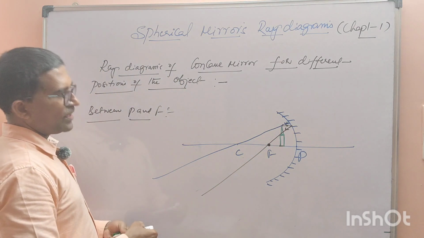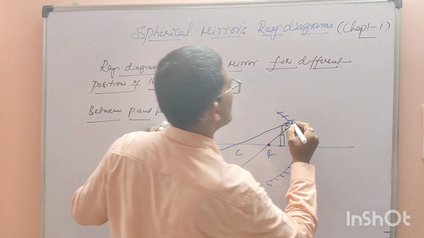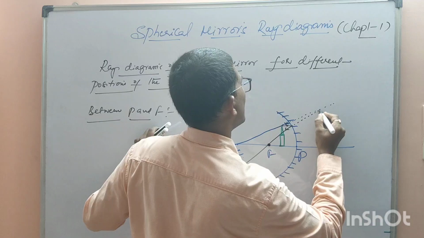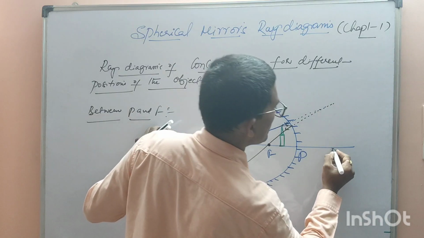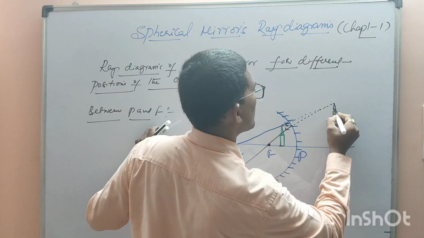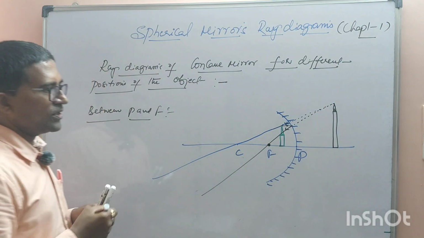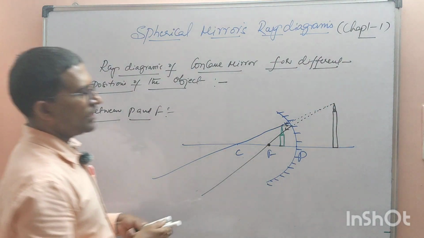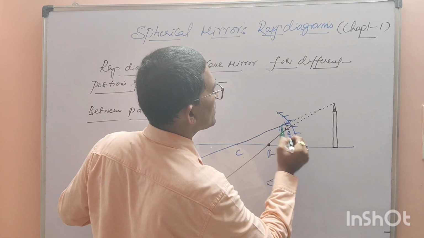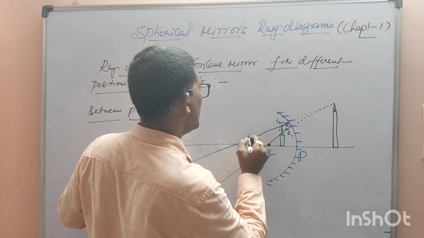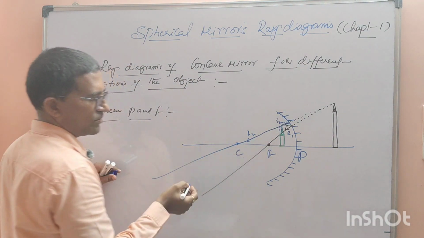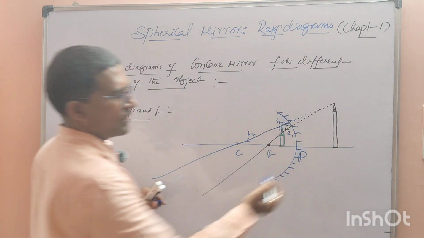Now if I extend these rays backward, they are going to meet at one particular point inside the mirror, and the image is formed in the mirror. Now if I name the rays here, this is I1 and this is R1, here is I2 and this is R2, because it is coming passing through the center of curvature, and the image is formed here.